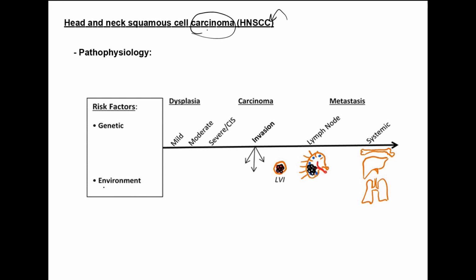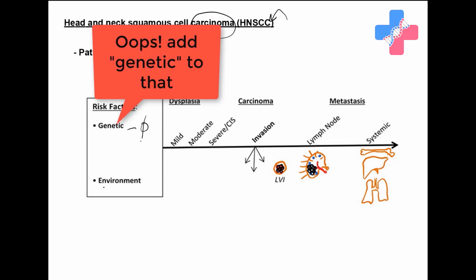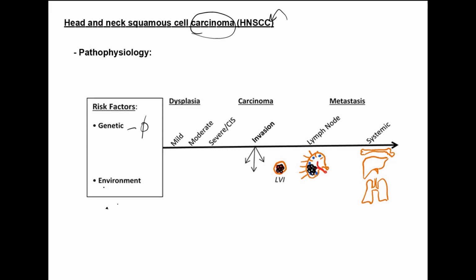When we start with risk factors, there really aren't any for squamous cell carcinoma of the mouth. Environmental risk factors fall into two very different factors. The first is going to be the carcinogens of alcohol and cigarette smoking. And this is a different disease than if it's due to the viral infection of human papillomavirus.